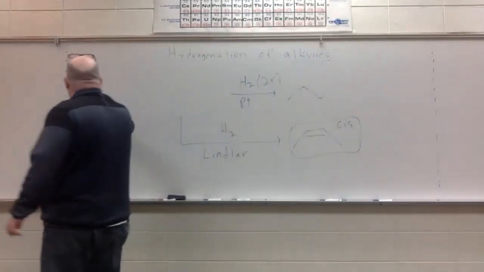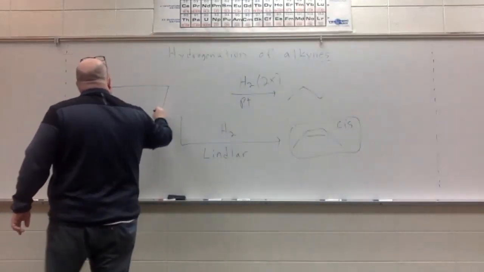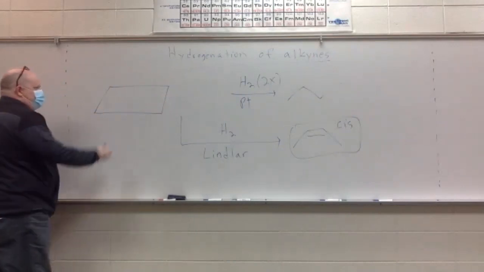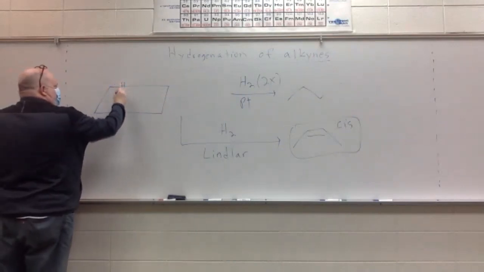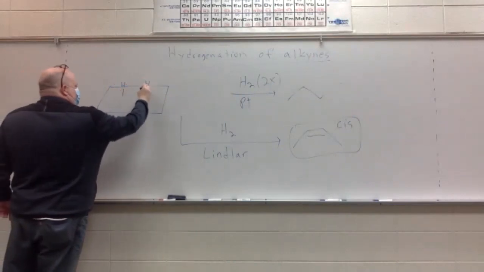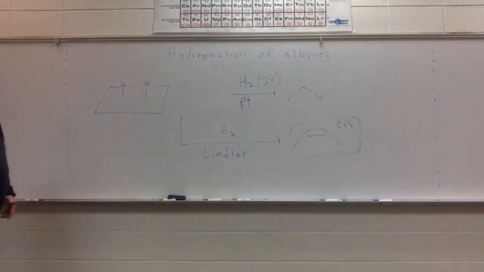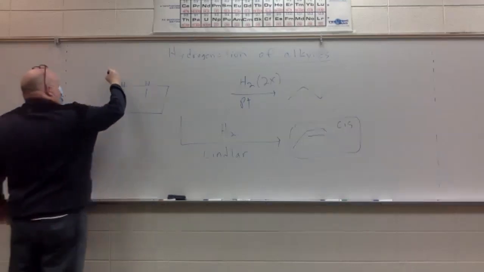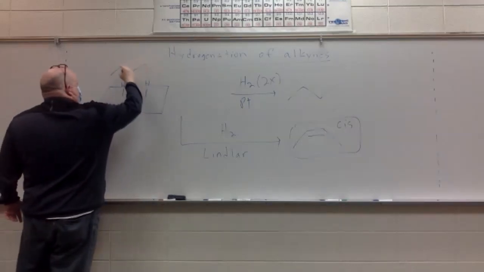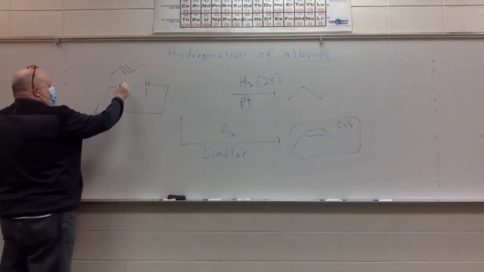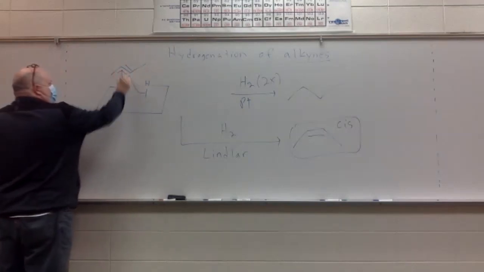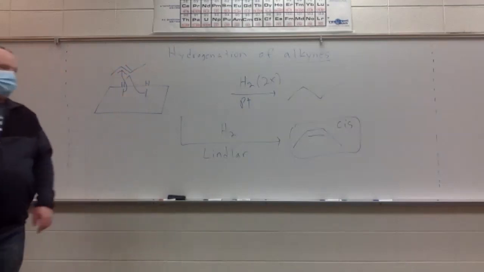Remember, you have the surface of the catalyst. The H's end up sort of planting themselves like little trees. And we showed this with an alkene the other day, but in this case, an alkyne could come fluttering by. Those H's are always going to add from the same side, right?